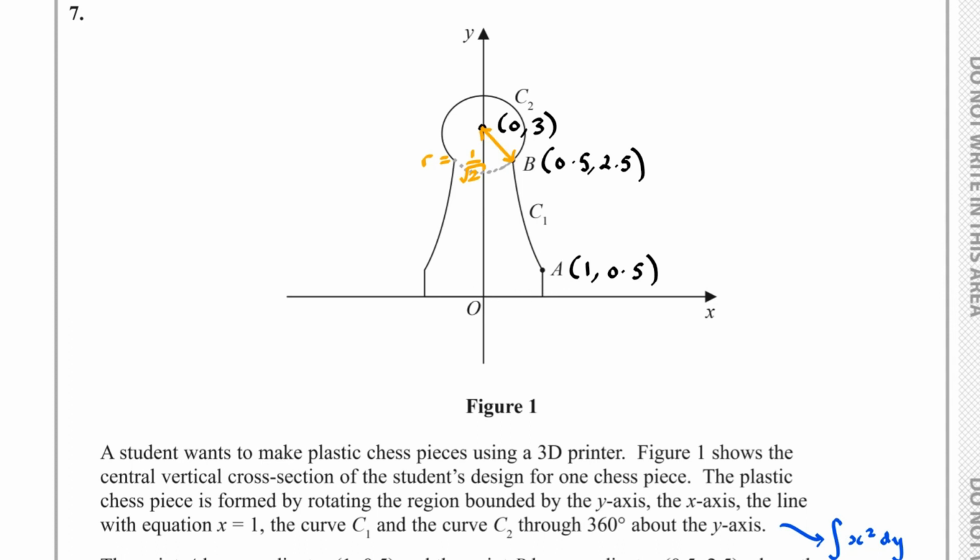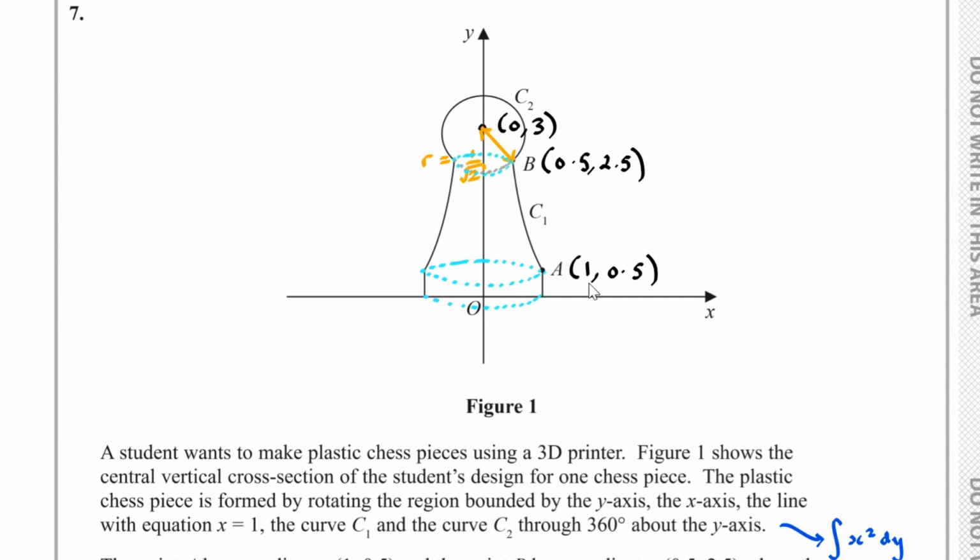And notice when we actually come to rotate this bit here, perhaps if we show it like this as the chess piece, hopefully here you can see we're going to end up with a cylinder at the bottom, and then here we've also got the piece over here.